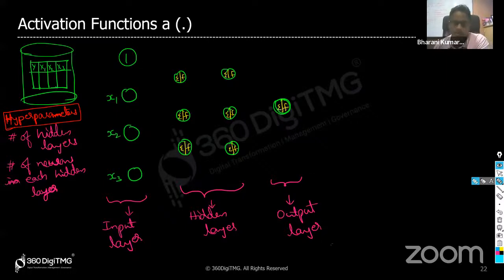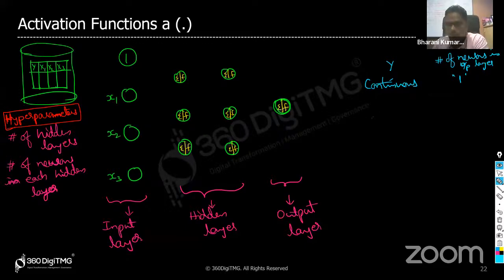In the output layer, the number of neurons is also fixed, just like the number of neurons in the input layer. How do you fix that? If the output variable is continuous or count, numeric, then the number of neurons in your output layer will be 1.